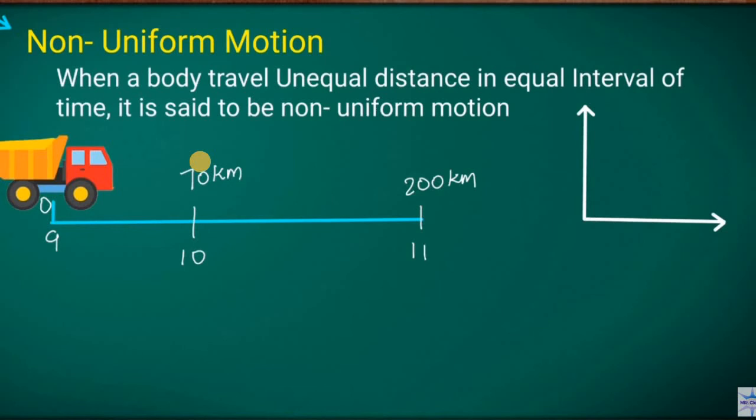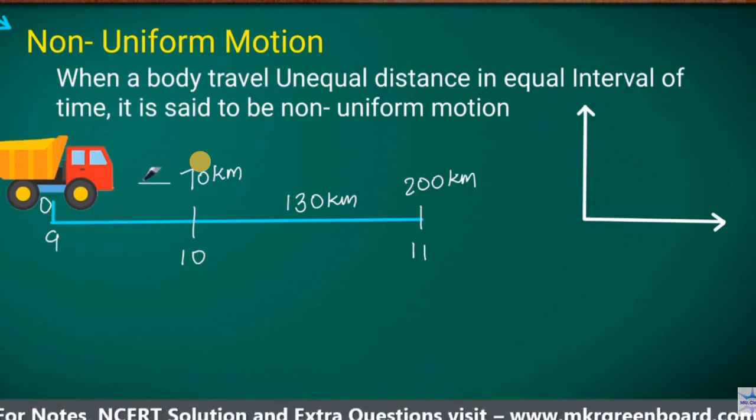So in the first interval it covers 70 kilometers, while in the second interval it covers 130 kilometers. So here you can see both time intervals are the same, but the covered distance is different.